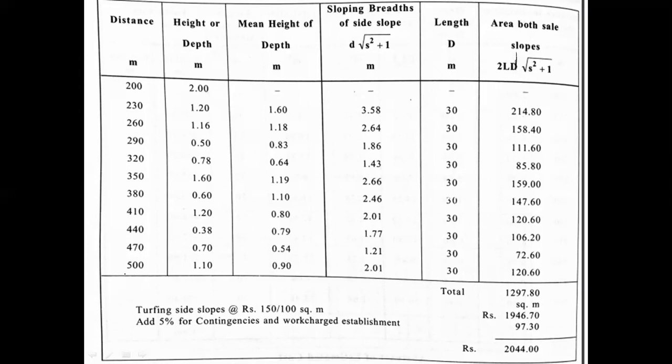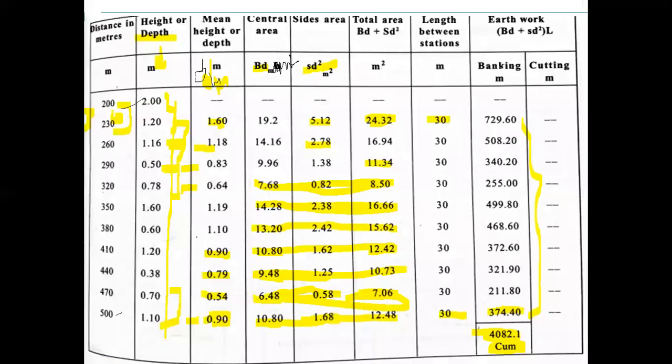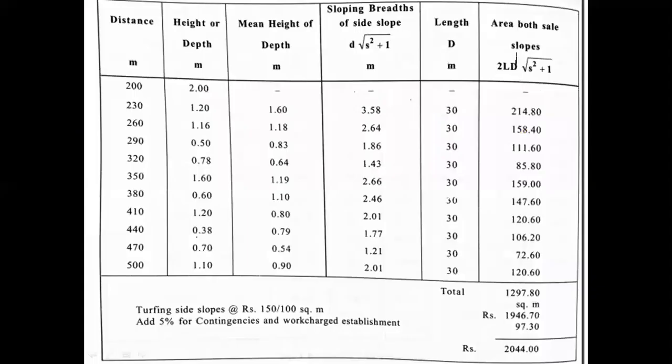Next, heights we calculate; 2 to 1.10 is given. So mean height is 2 plus 1.20 equals 1.60. Next 1.20 plus 1.16 equals 1.18. Up to 500, 0.70 plus 1.10 equals 0.90.